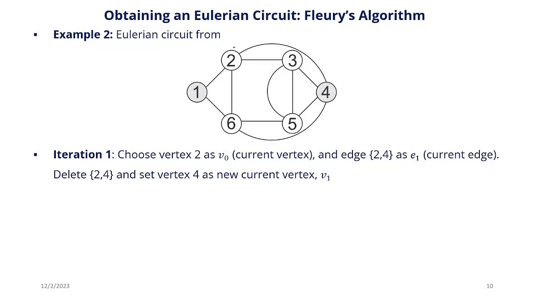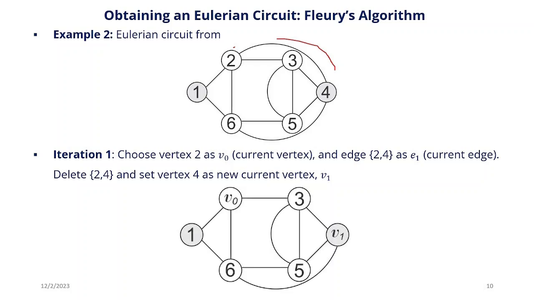We start with vertex 2 and then we choose edge 24 and we set it as E1. So that's what we have here. Vertex 2 becomes V0 and edge 24 becomes E1, and we delete it and set the previous vertex 4 as the new current vertex V1.